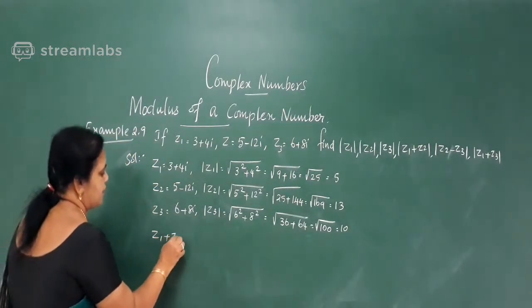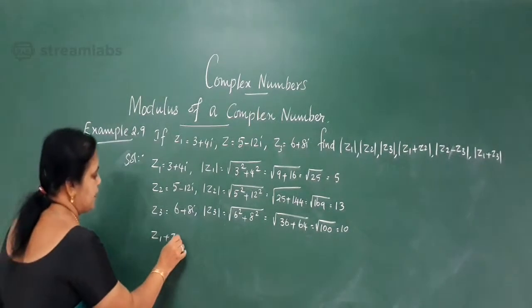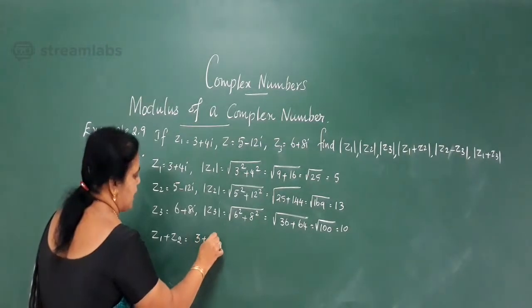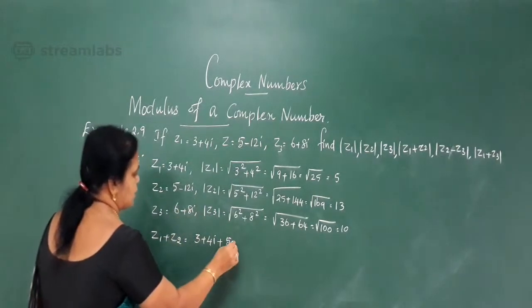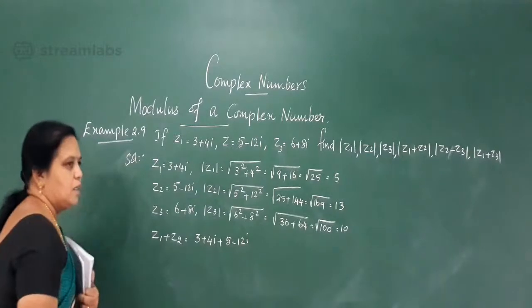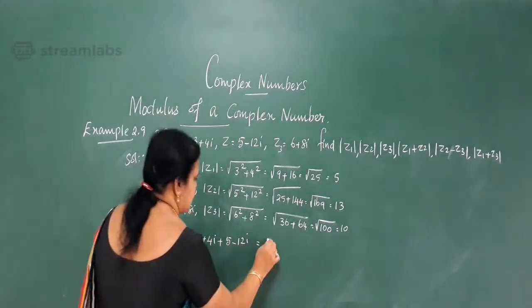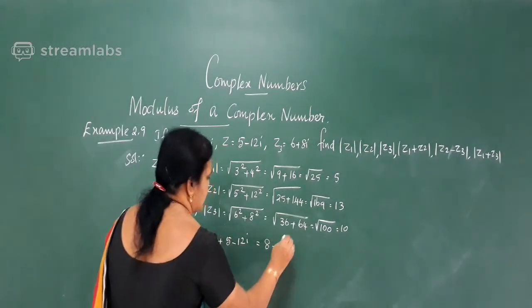Next one, z1 plus z2. To find the modulus of z1 plus z2, first we find z1 plus z2. That is 3 plus 4i plus 5 minus 12i. We just add the real and imaginary parts separately: 5 plus 3 is 8, and 4i minus 12i is minus 8i.